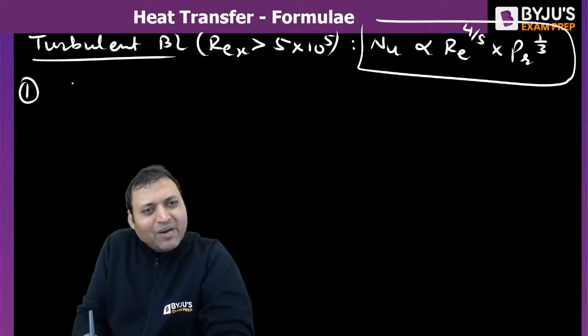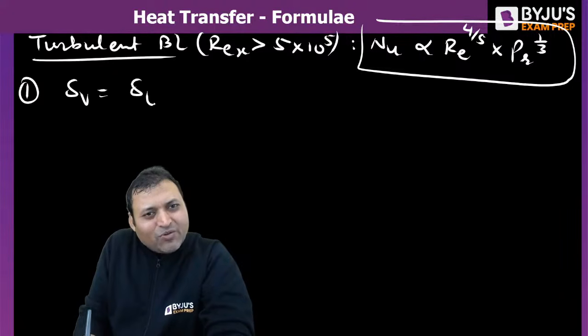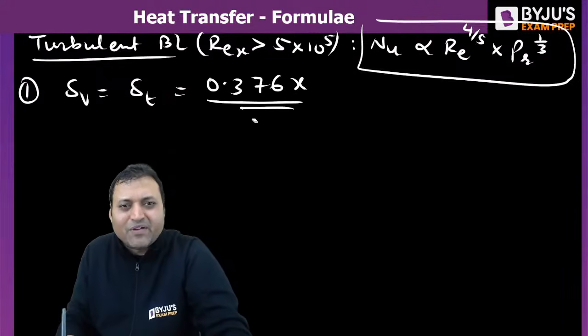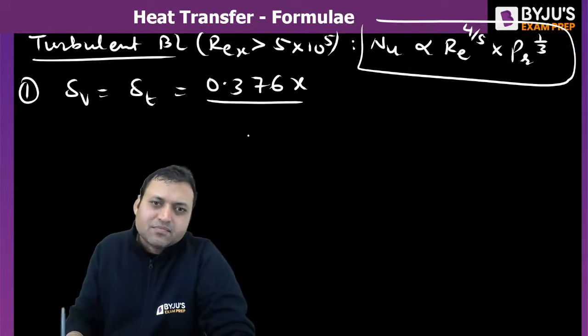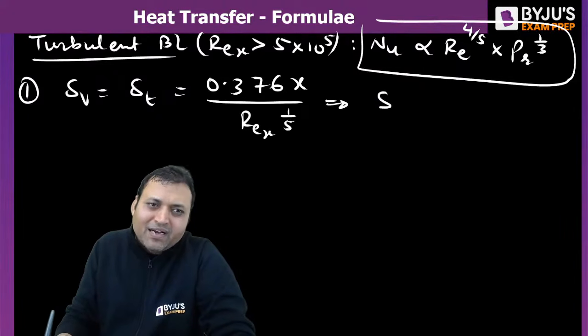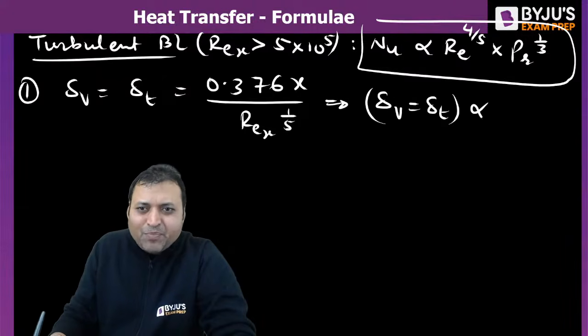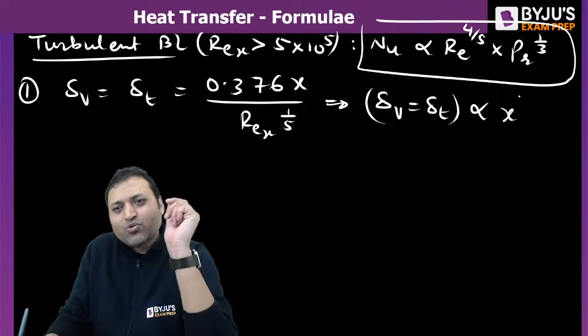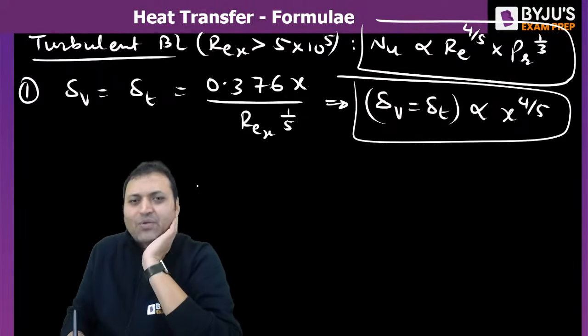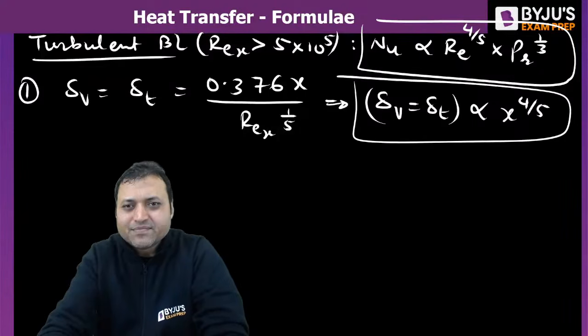So the first formula is delta V is equal to delta T, that is 0.376 x upon Rex to the power 1 by 5. So from here, delta V is equal to delta T is proportional to x to the power 4 by 5.